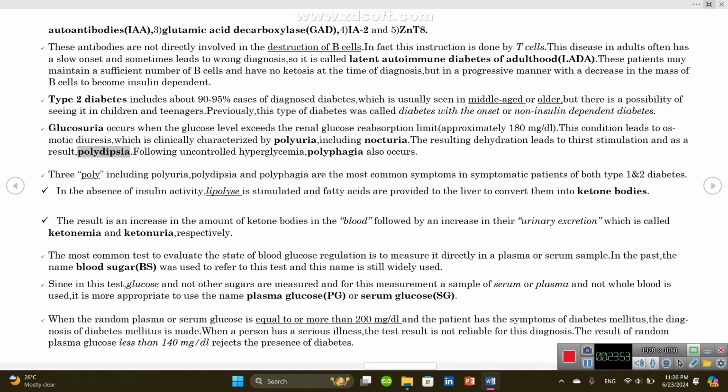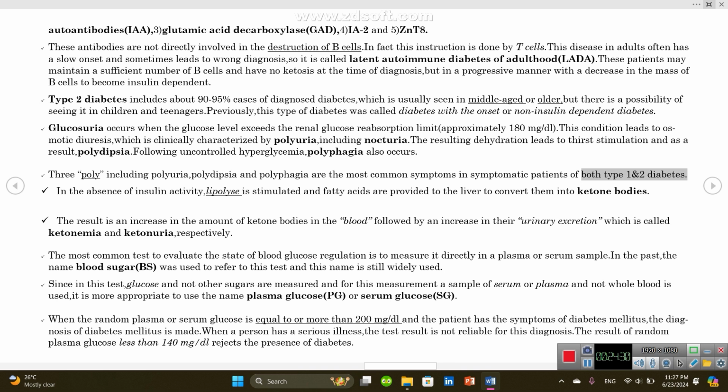Following uncontrolled hyperglycemia, polyphagia also occurs. Polyphagia means you want to eat a lot of food, for example, 2 portions of kebab with rice. These 3 polys, polyuria, polydipsia, and polyphagia, are the most common symptoms in symptomatic patients of both type 1 and 2 diabetes.